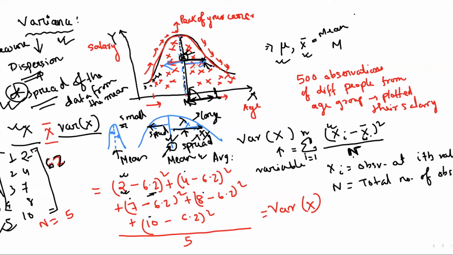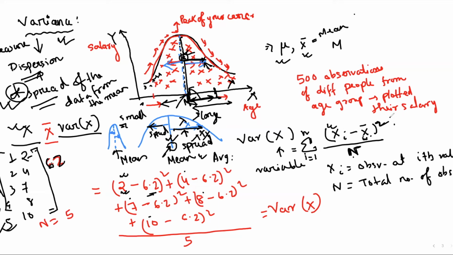Because there are many observations over here, we're trying to find out the distance from the mean to all the points. And why are we squaring it? Since it can be a negative number also, right? If the point is somewhere here, it can be a negative number. Xi minus this one will be negative. So we want to just make it a positive number.